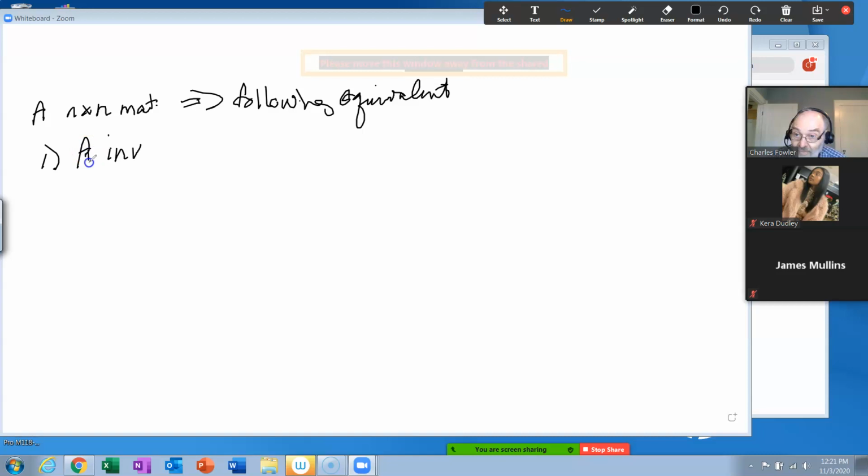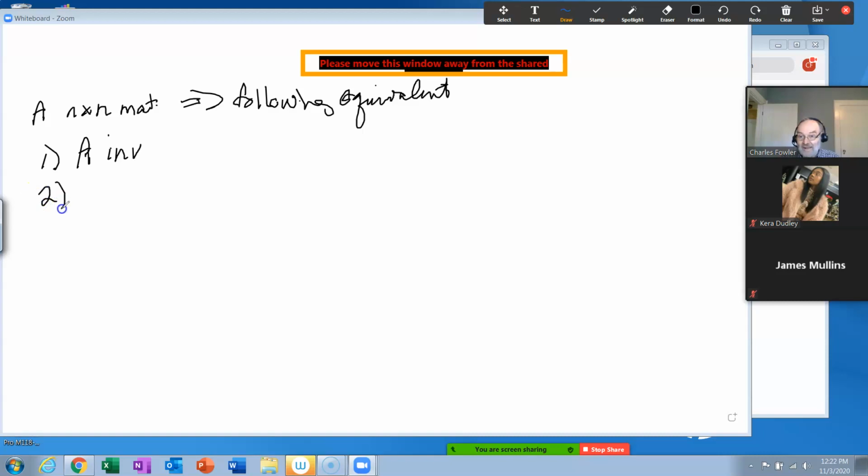Now, we didn't say that originally, just said it was square. In order to be invertible, it's got to be square. But just because it's square doesn't mean it's invertible. But now we're telling you it is invertible.